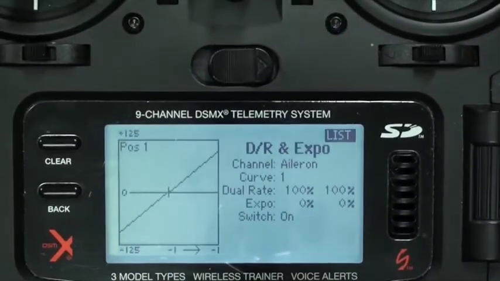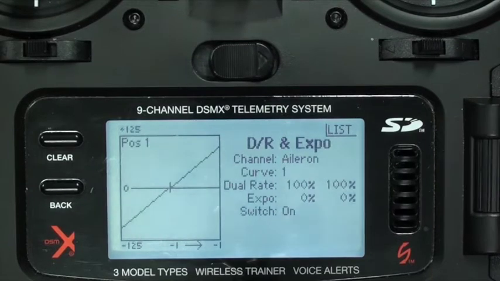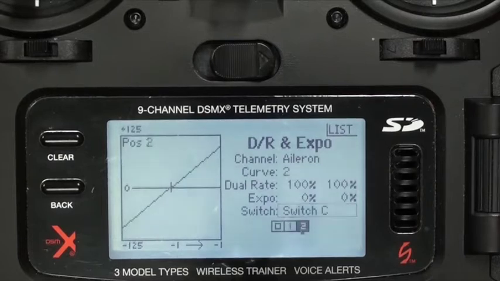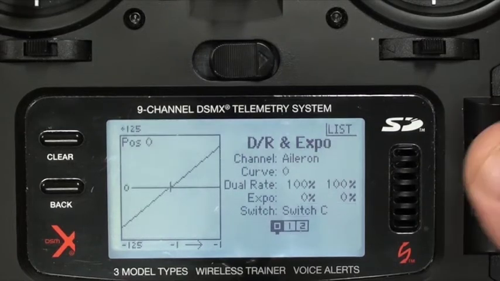Okay. So the first thing to do is come down here and say which switch do I want. If I click it and let it start flashing, I'll move switch C, and it immediately selects switch C, and I have position 0, 1, and 2. Okay.